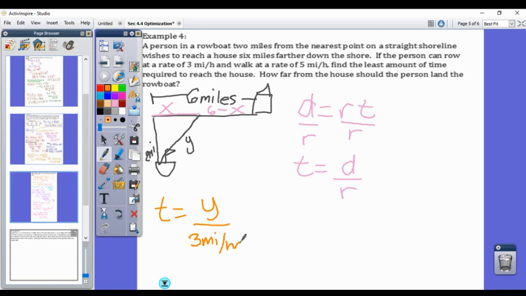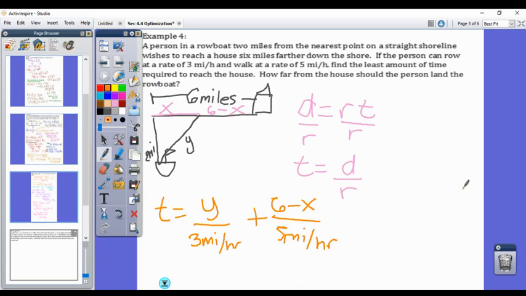He rows along line y, and then he's going to walk from this point here all the way to the house. That distance there is 6 minus x, and he can walk at a speed of 5 miles per hour.